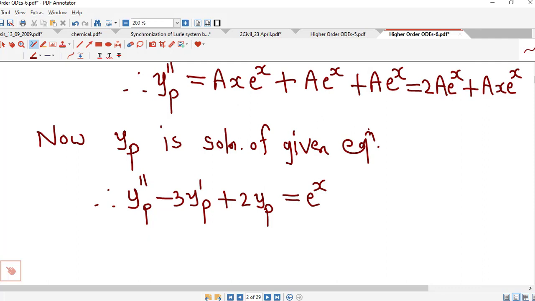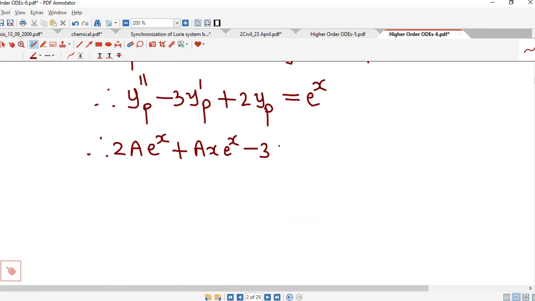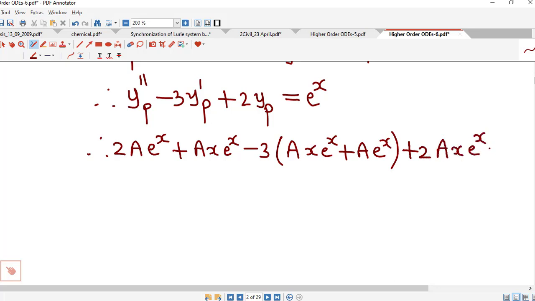Yp double dash is, now we substitute all these values, 2 times a into e raised to x plus a x e raised to x, minus 3 times yp dash. Yp dash is a x e raised to x plus a e raised to x. Plus 2 into yp, which is a into x into e raised to x, equal to e raised to x.